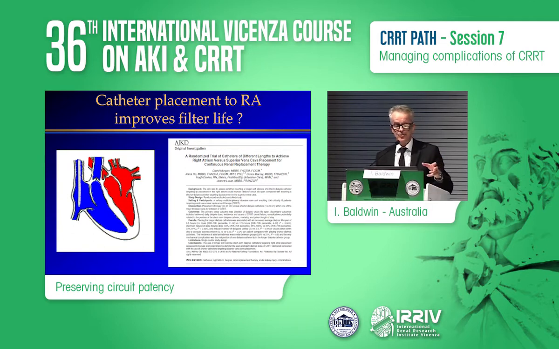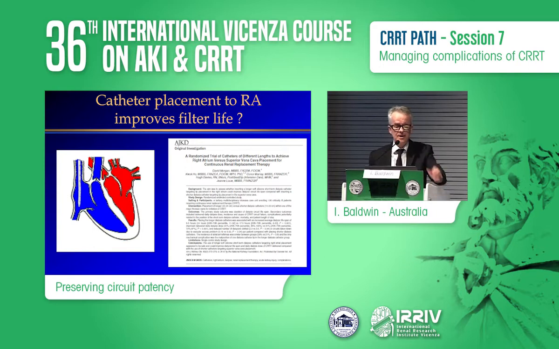Just one other study to throw in, which is another study from the west coast of Australia by David Morgan. He and his group randomised people to either have the catheter, which was a jugular device, inserted at full distance into the right atrium. They placed a soft tip catheter right into the RA, or the opposing group was a shorter catheter, which was further up the superior vein.